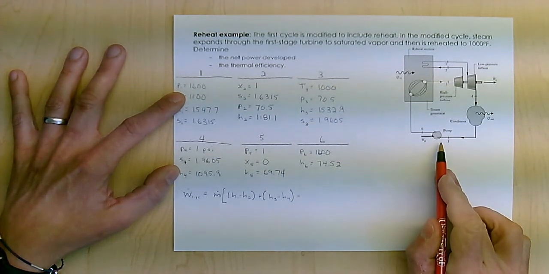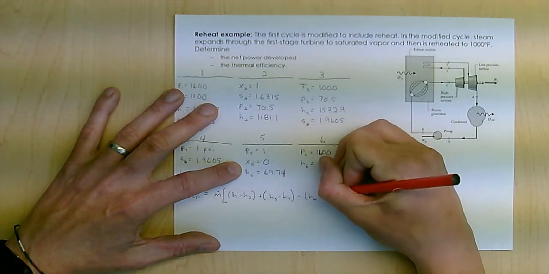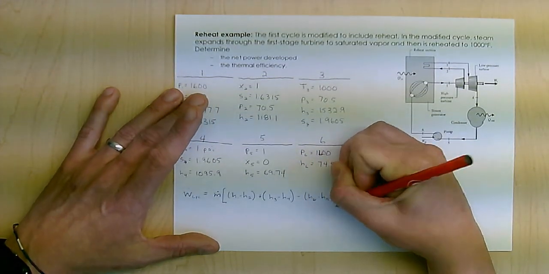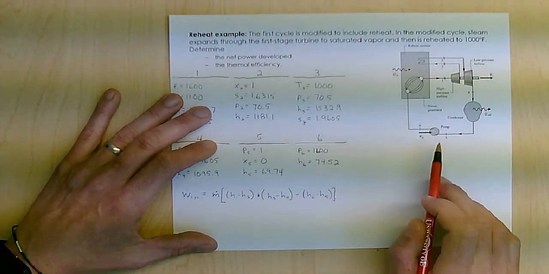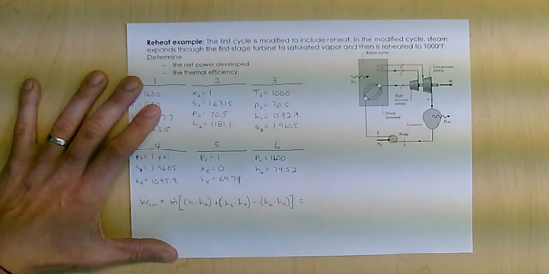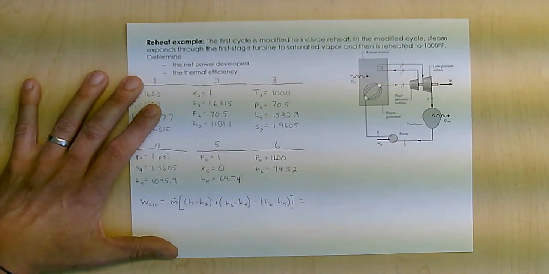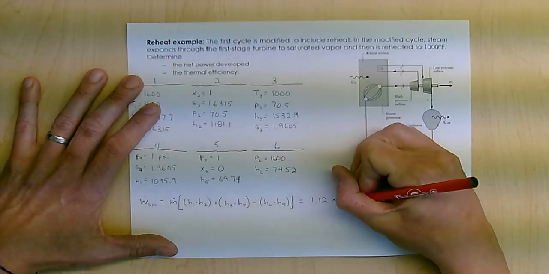Then I subtract off my pump, just like before, which is H6 minus H5. So turbine plus turbine minus pump, because I've got a two-stage turbine and a single pump here. When I do that, I get 1.12 times 10 to the 9th BTU per hour.